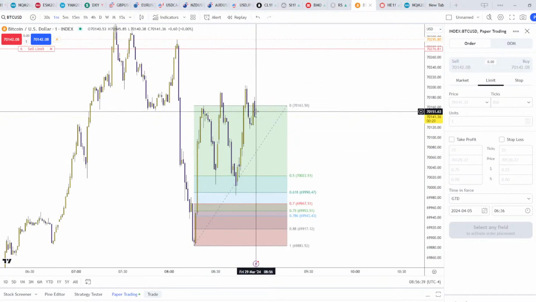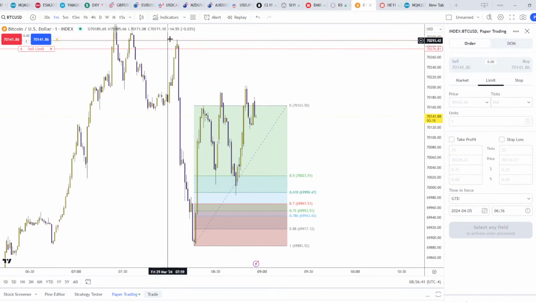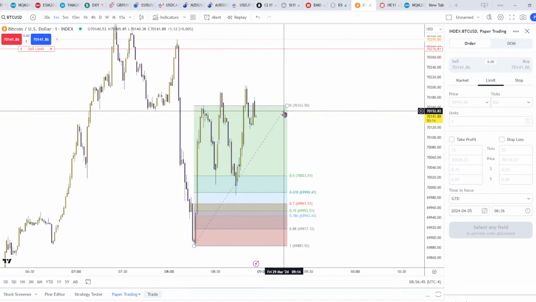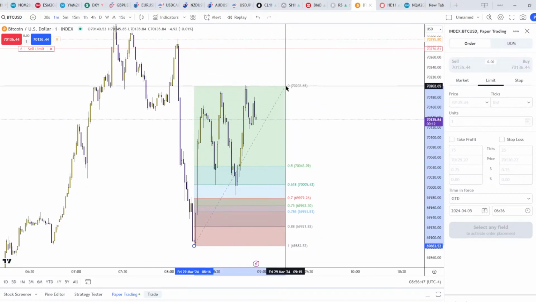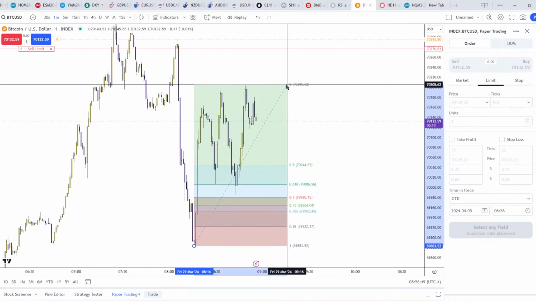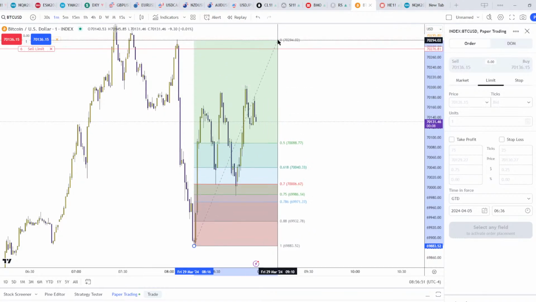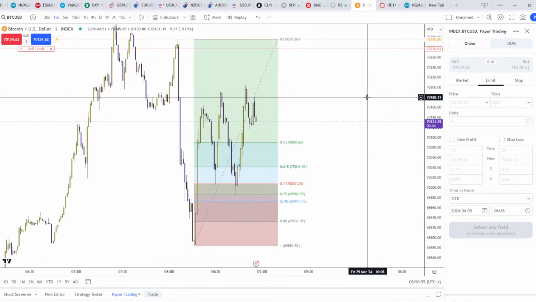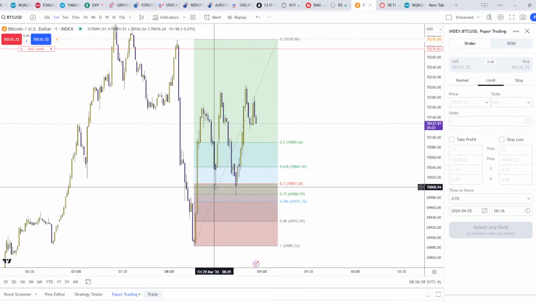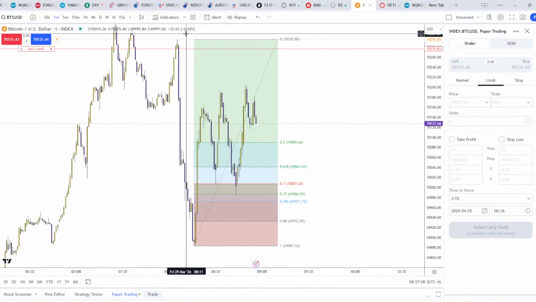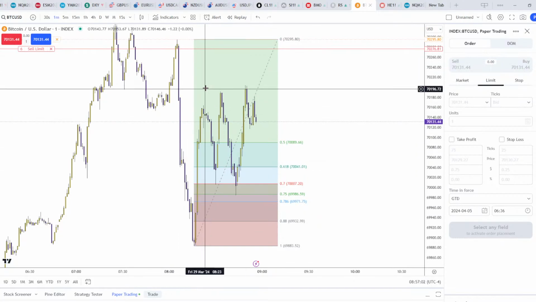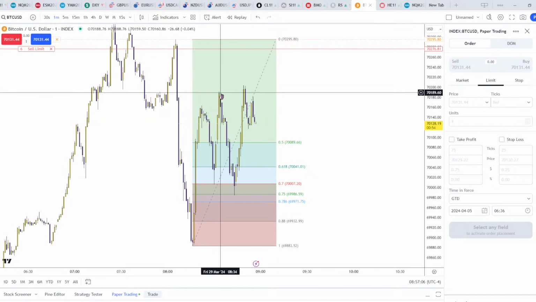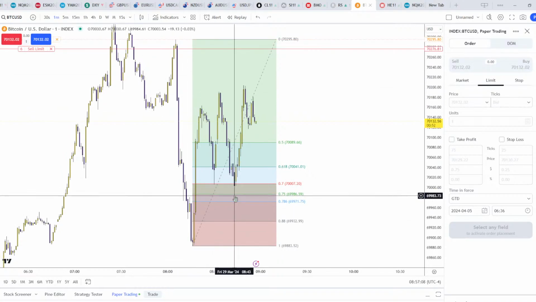And then we have a rinse and repeat scenario. So we're back up into a premium again from a discount, back up to a premium. So it's like working these main PD arrays, right? We went up into a premium to come back to a discount, up into a premium to come back down into a discount.